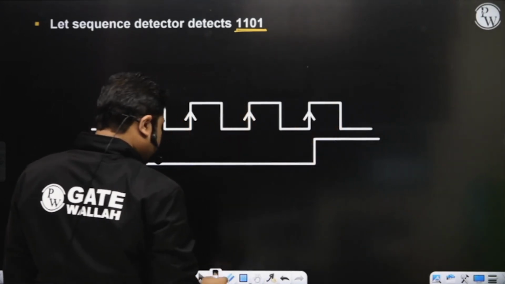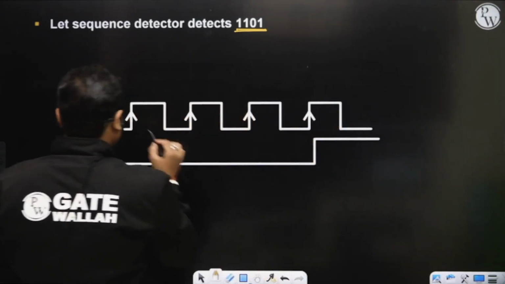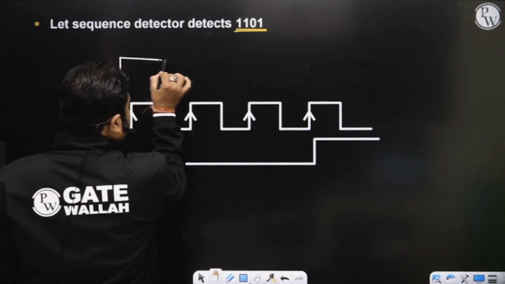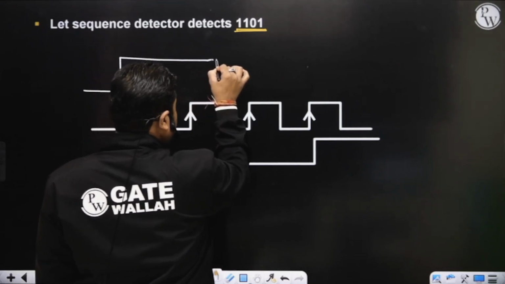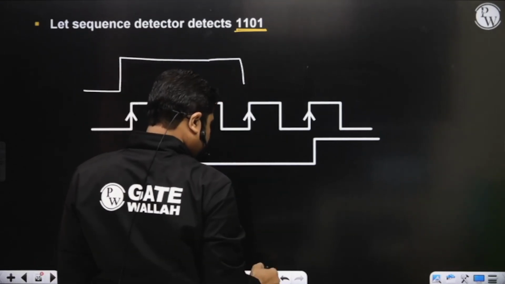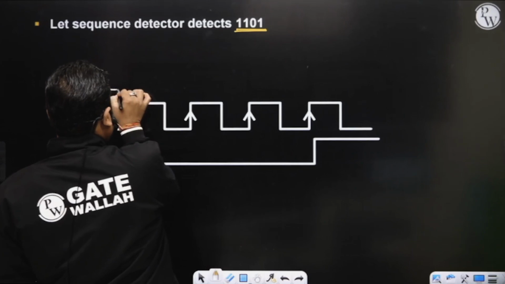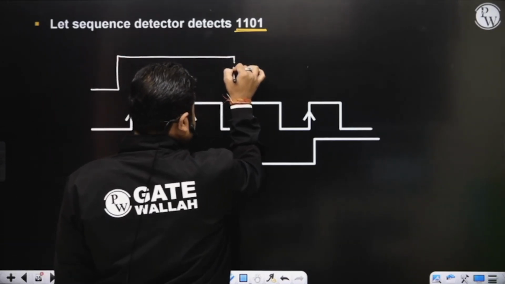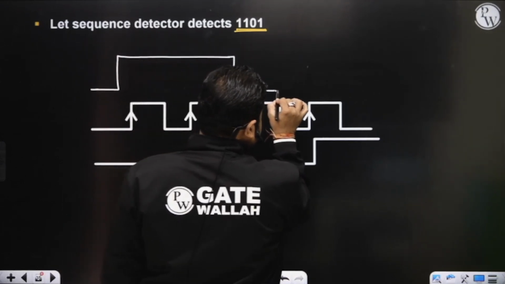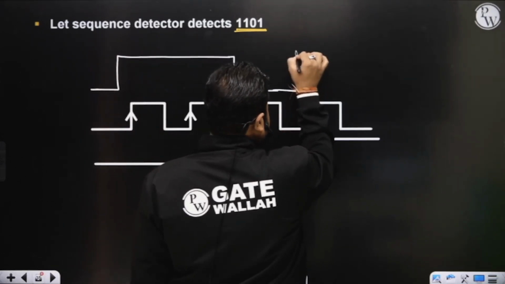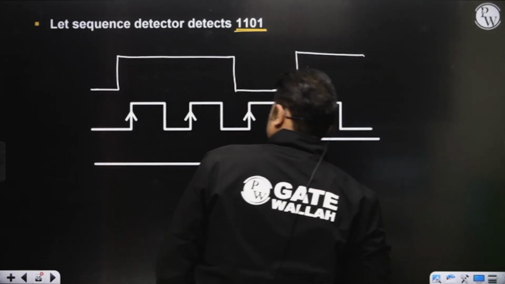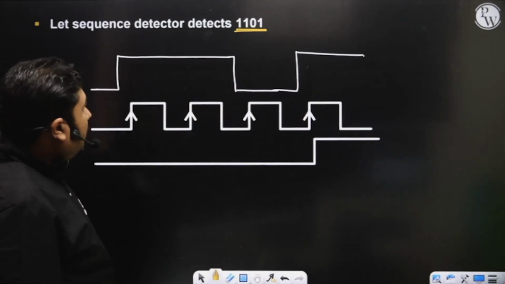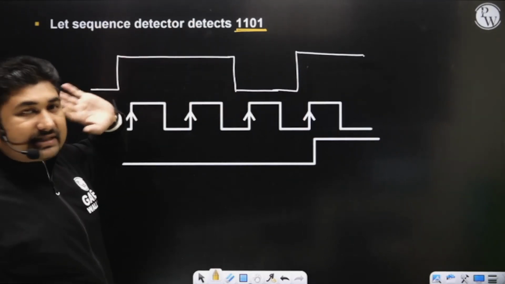Let us suppose we need to detect a sequence 1101. So when I am saying 1101, it means what? Now please observe. We have to detect a sequence 1101.